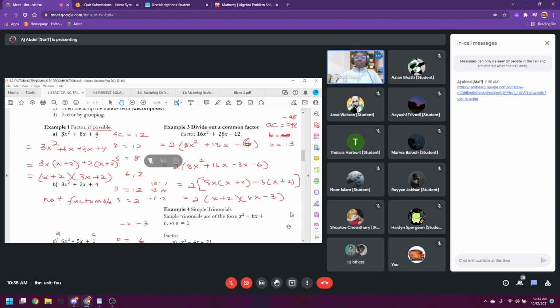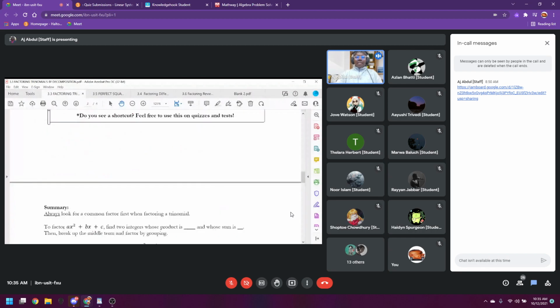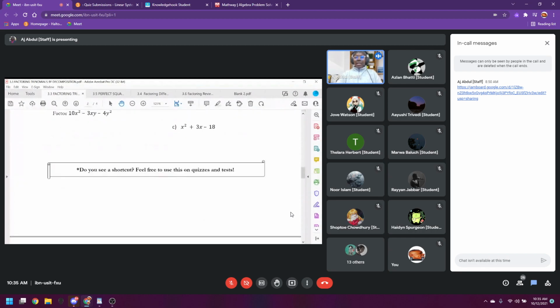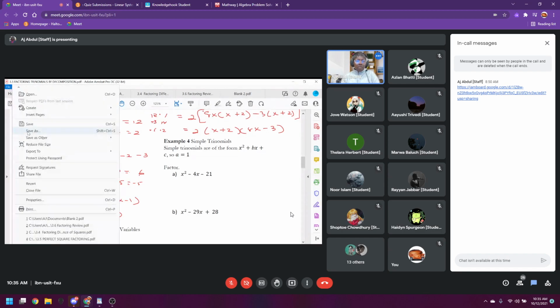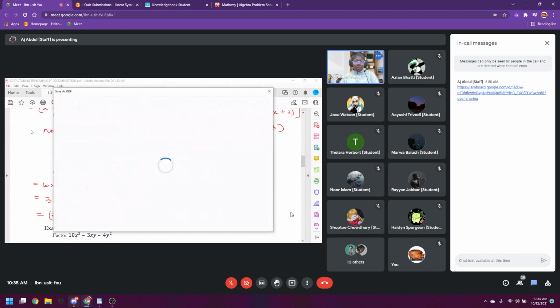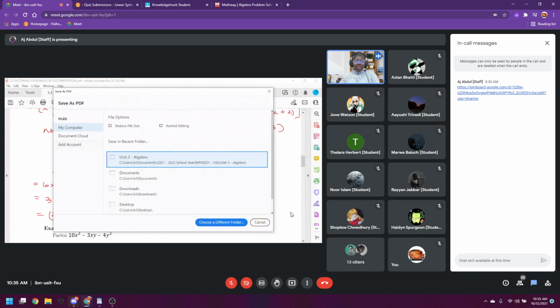Good. All right, so that is it with the decomposition. We have two more kinds of factoring to do. I'm going to save this so I can post it later. I don't like to use notes that have blanks in them, because when you're looking at them down the road, it looks as if we missed something.